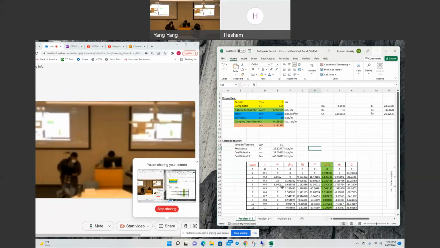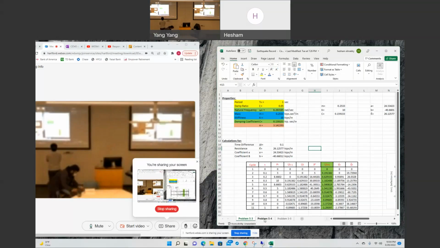So Hisham, I'm with your Excel. You see my Excel file here? Yes. Now this is the original table, the given information. At 0.1 second, I have the force as 5, and at 0.2, I have the force as 8.6602.